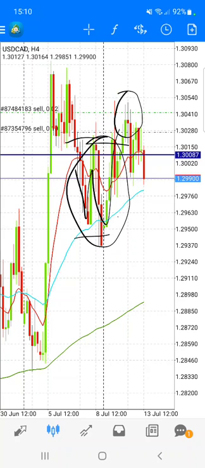Okay, we have that with an evening star, which was retested yesterday, I think, New York session, and today we've been having this move to the downside. See these 3 candlesticks here to the downside. Now it's 20 minutes to the event.